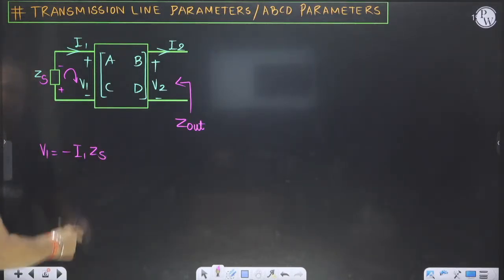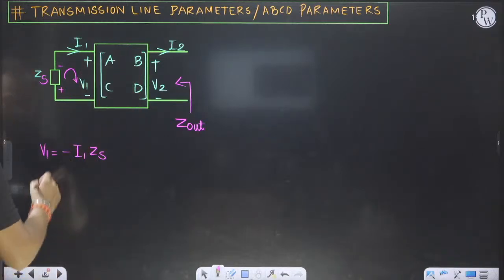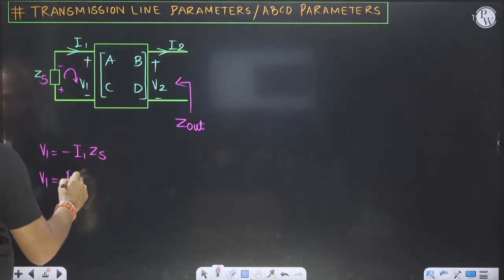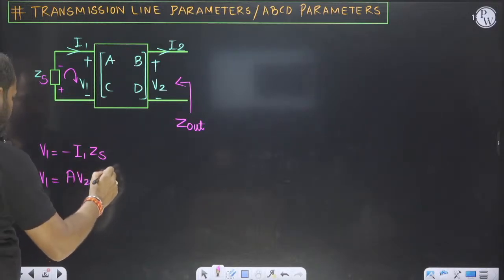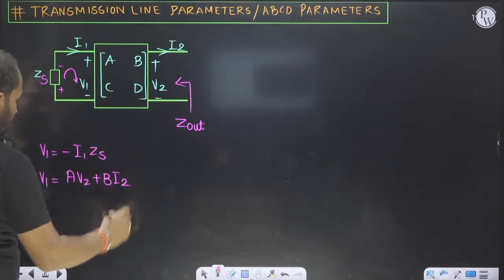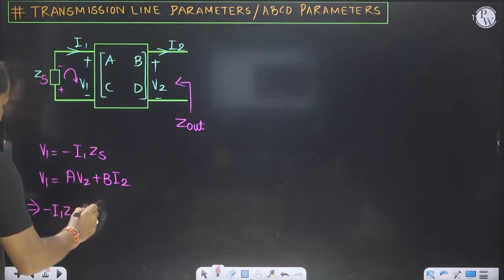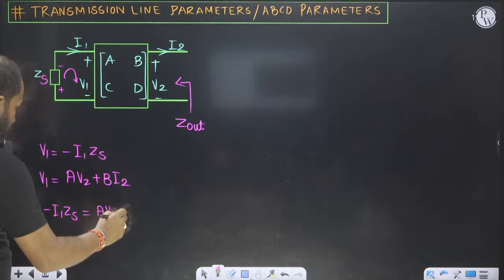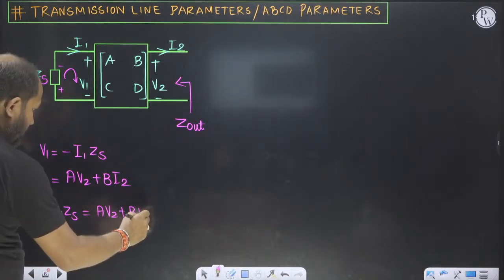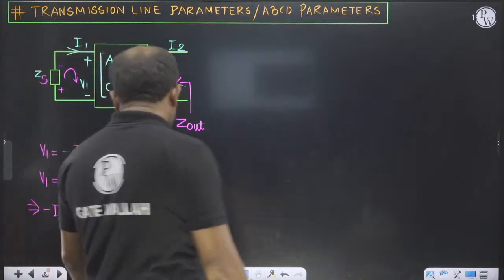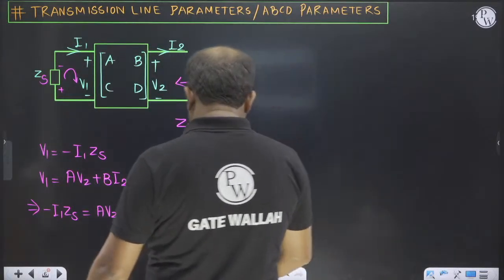And the second part is V1 is equal to AV2 plus BI2. I will replace V1 with minus I1 Zs. Then I will replace I1 again.